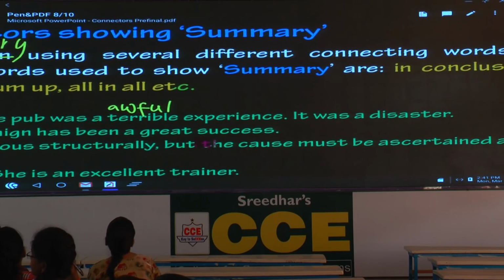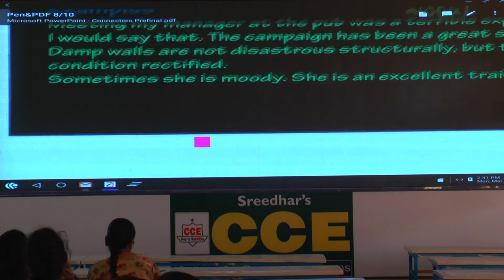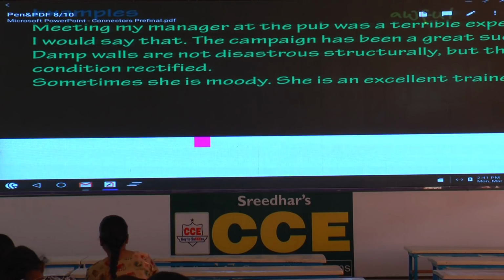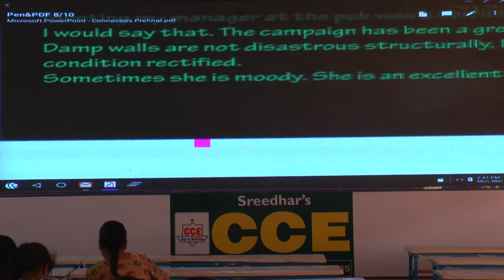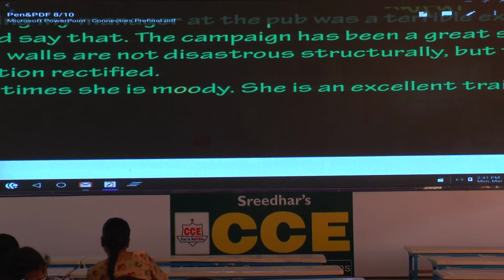Finally, we don't use here. No. Shall I show the next one? Damp walls. Damp means what? A little wet. Damp walls are not disastrous structurally.